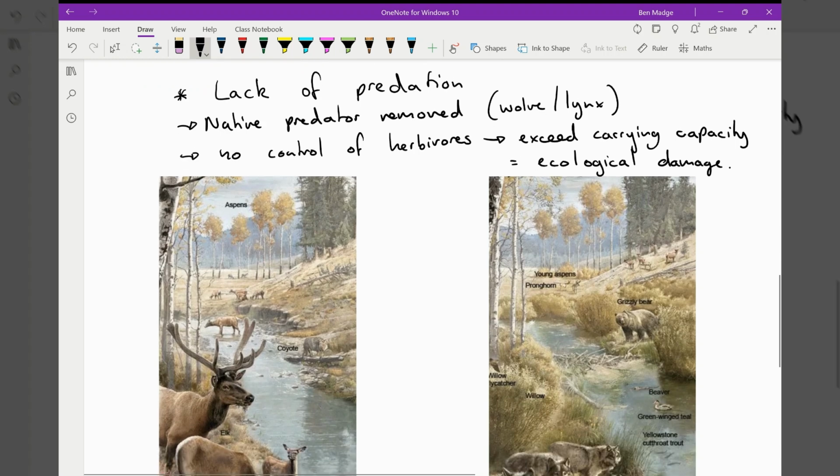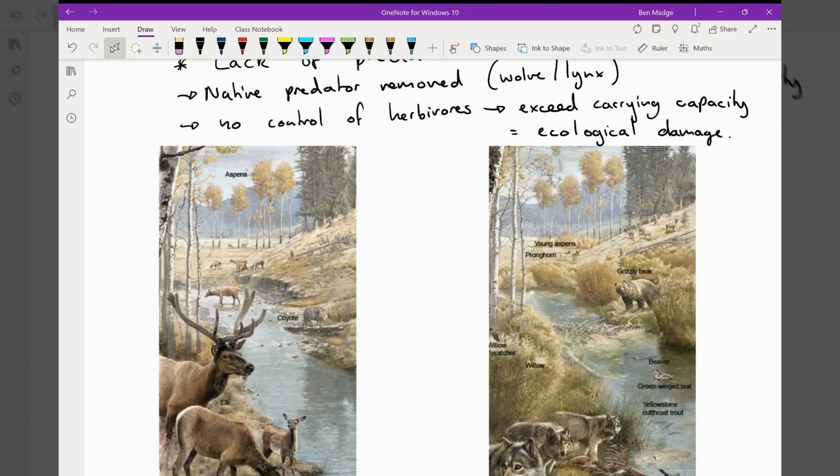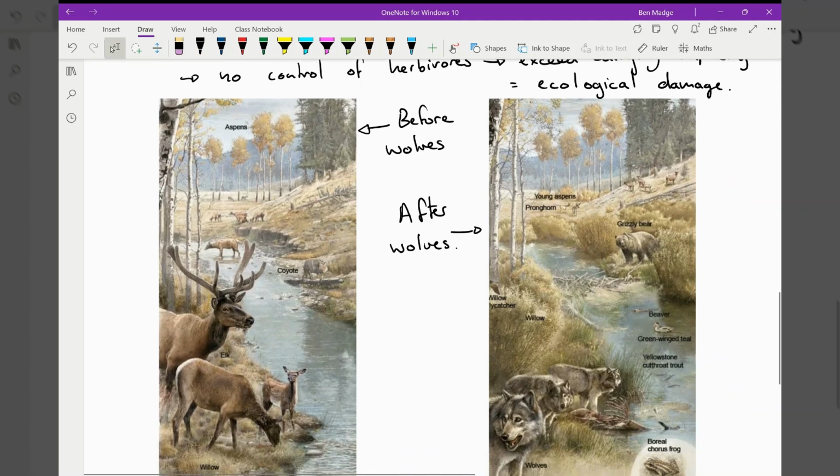And the example you have here is in Yellowstone National Park. So this is before wolves were reintroduced, and this is after wolves were reintroduced. So you can see here you have loads of this elk, which is a large deer species.